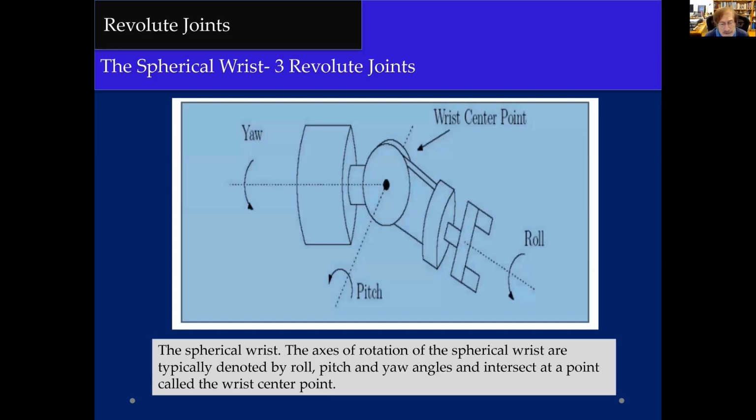Now let us look at a part of a robot. That's the wrist of a robot. Now here we see 3 axes and 3 rotations. And we also see some new terms which are called pitch, roll, and yaw.